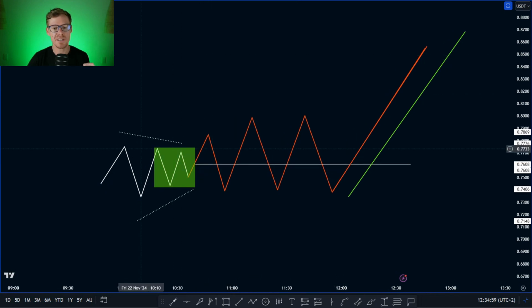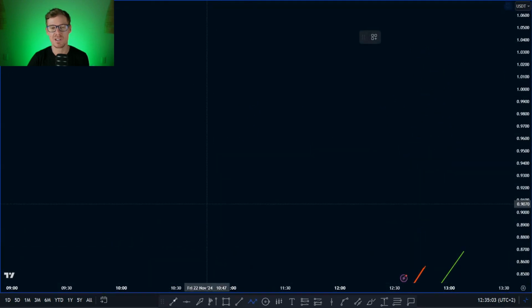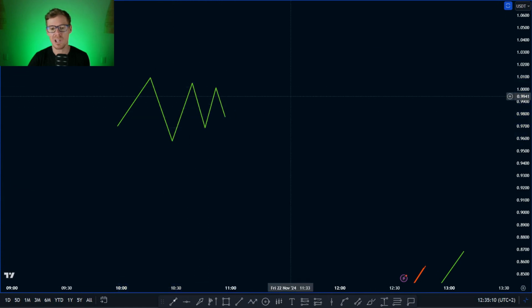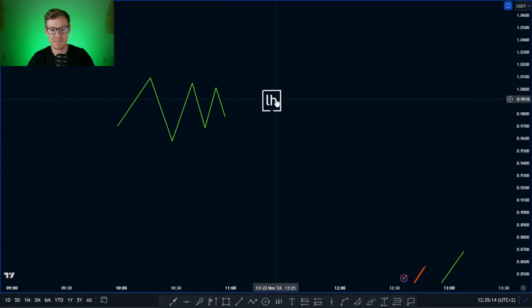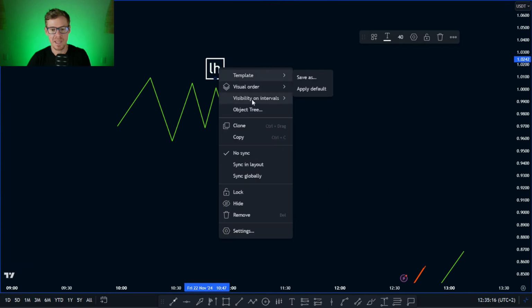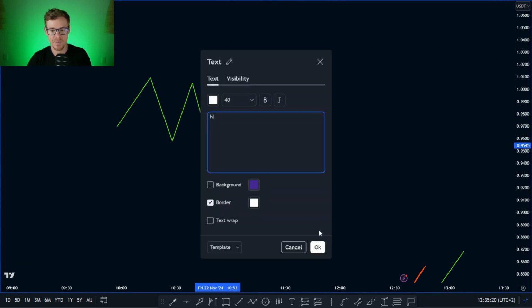Most people find it difficult identifying contraction. So let me just quickly show you how to identify contraction. You're going to see price is going to oscillate. As soon as you get higher low and lower high happening simultaneously, you will see we get a lower high over there. And then we get a higher low.